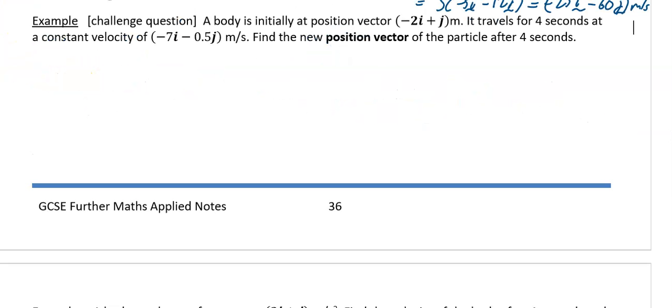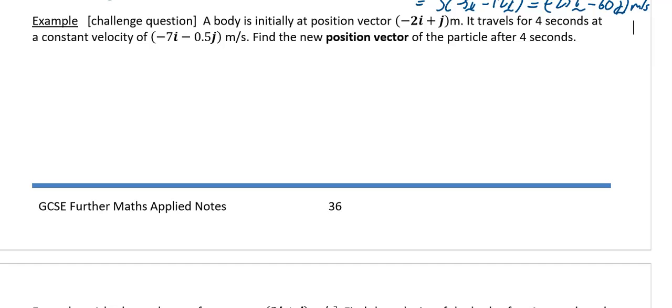Okay, this question says challenge question, so it's not going to be easy. A body is initially at a position vector minus 2i plus j meters, travels for 4 seconds at a constant velocity of minus 7i minus 0.5j meters per second. Find the new position vector.